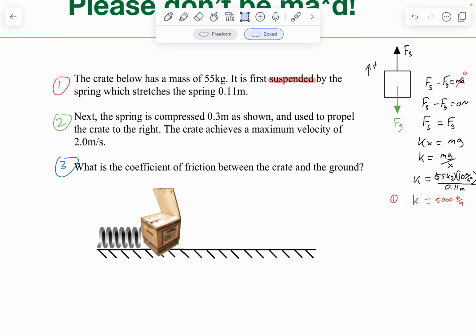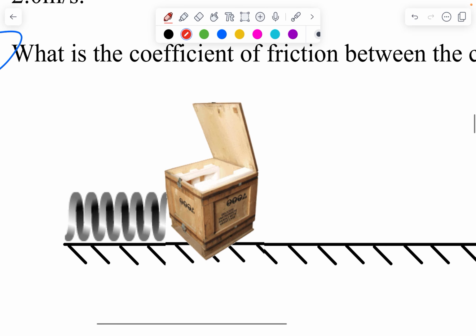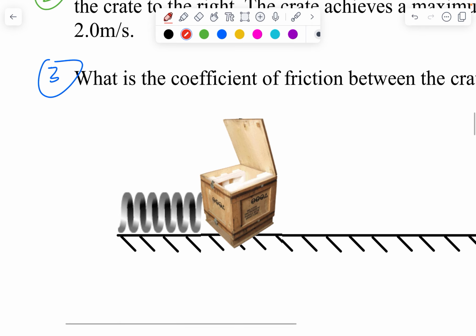So the spring is compressed 0.3 meters as shown, and it's used to propel the crate to the right. What we're looking at here is a spring that's already compressed, which means there's energy stored in it. I'm in green now, so I've got to switch colors. This is PE spring.